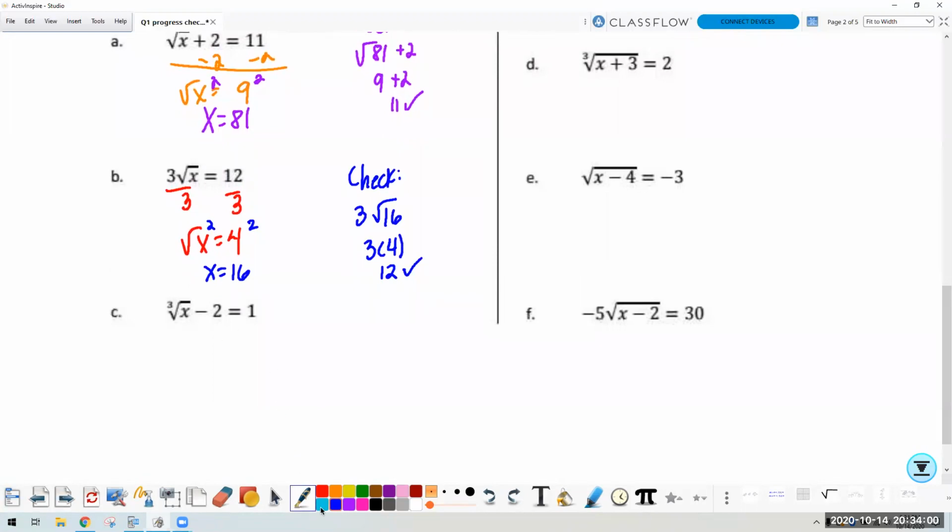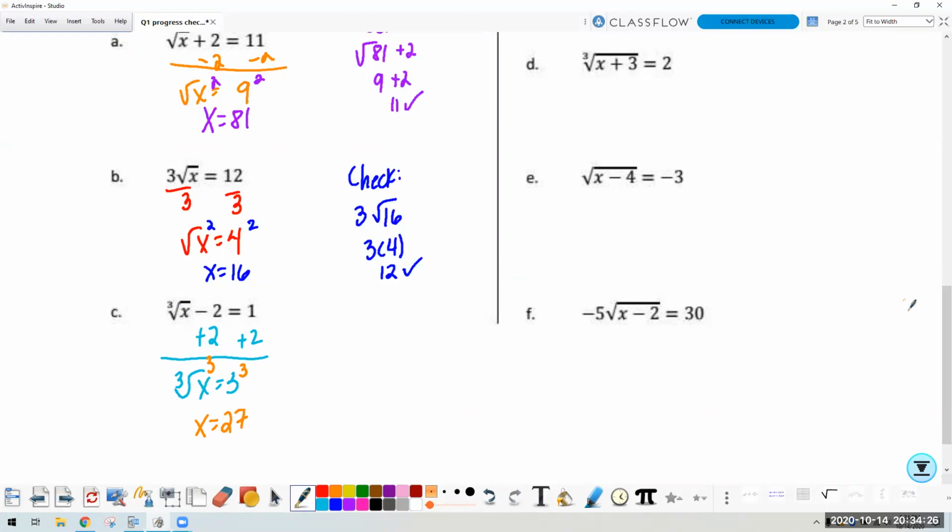Now for C, I have a cube root. When I cube both sides, x is 27, and I don't have to check my cube root solving because there will be no extraneous answers since the domain is all real numbers.